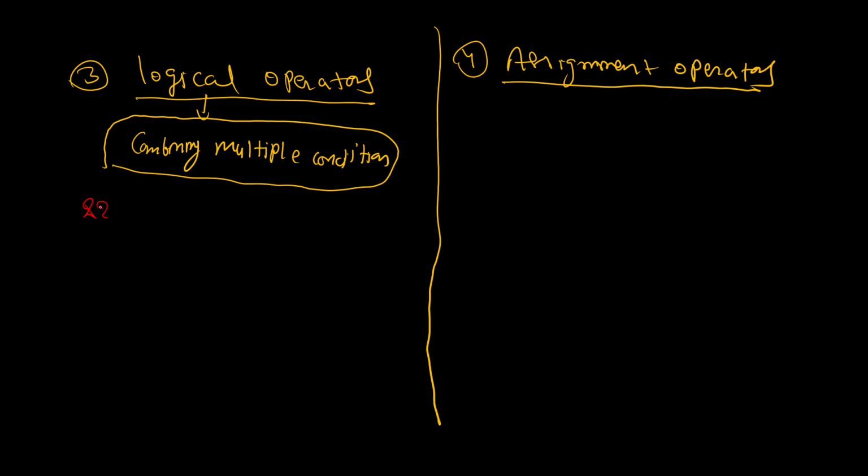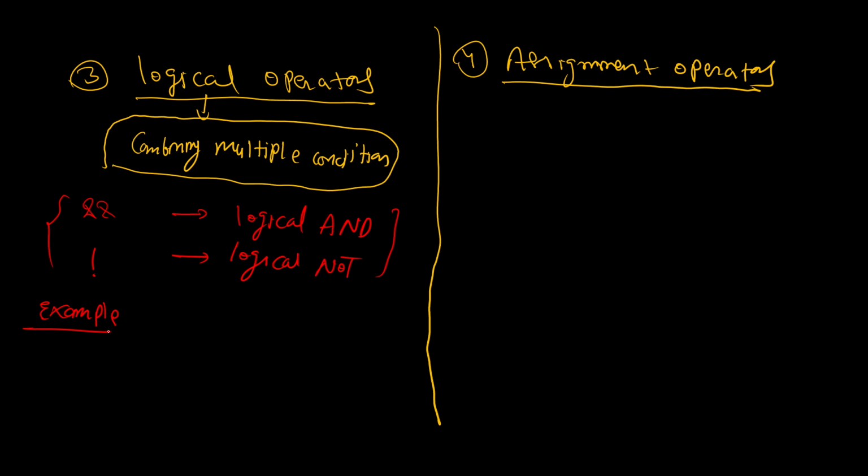One is for logical OR, this is for logical AND operation, and this is for logical NOT operation. Let's see one example here, so you will get a proper understanding of how these logical operators are used.